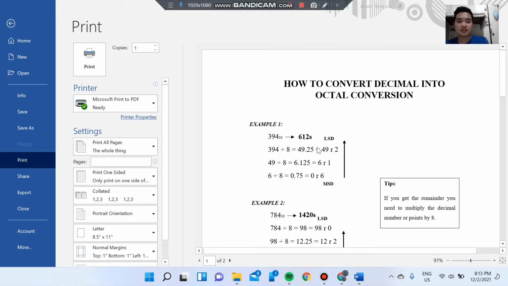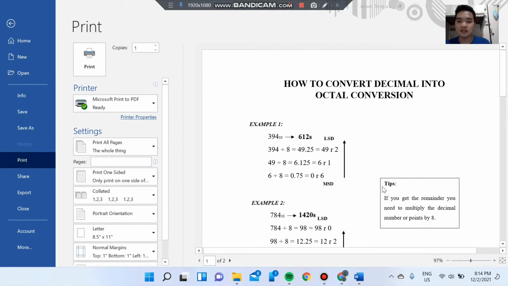Okay, so 394 divided by 8, the answer will be 49.25. So the next step, we need to put here the 49 and leave here the 0.25, because this is what we will use to multiply by 8 to get the remainder.